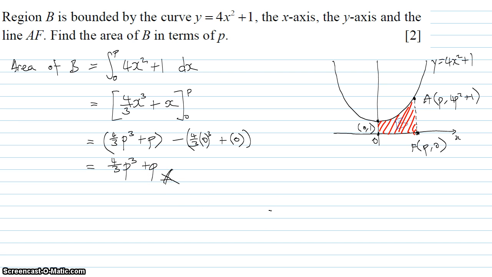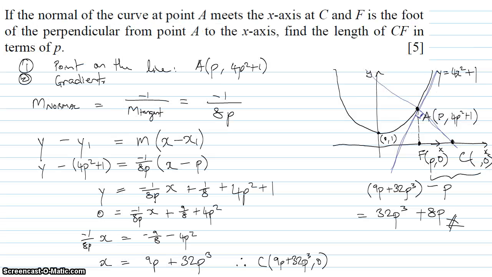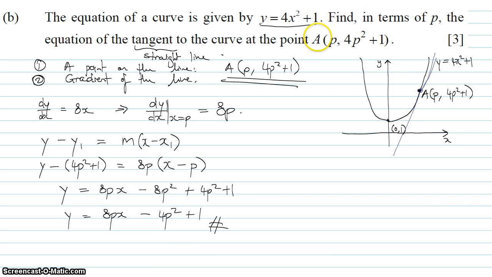One important thing to notice for this question is that although it's all in terms of this funny point A, which is (p, 4p² + 1), there's nothing here that you couldn't do, right? It's all simple skills that you are well aware of how to do. So if you find yourself struggling with this idea of this point here, I want you to try something.